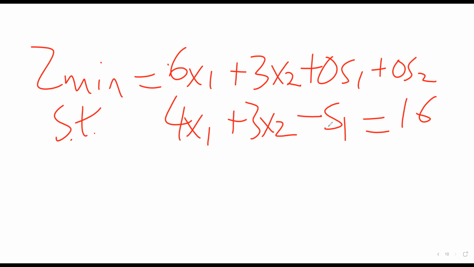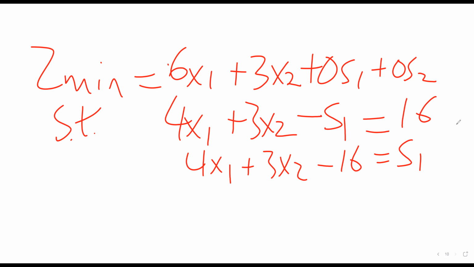Therefore, the reason why it's a minus is that if I move it to the right-hand side, you have 4x1 plus 3x2. Then you bring the 16 to the left-hand side, becomes minus 16. Then you take the s1 to the right-hand side, becomes plus s1.